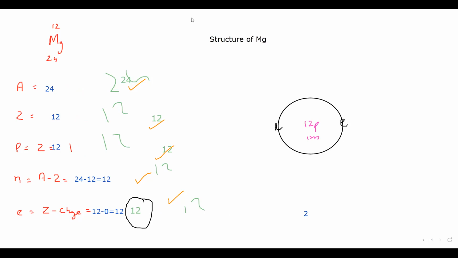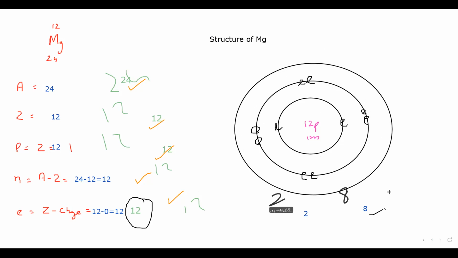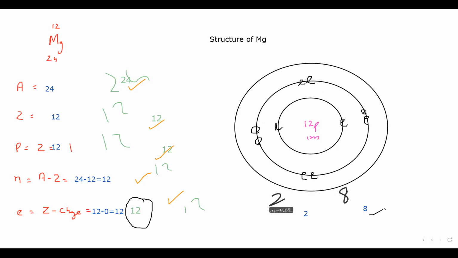So I arrange 2. The second shell can have maximum 8, and I can arrange all of them. Now in total I have arranged 2 plus 8, 10 electrons. So I still have to arrange the third shell. The third shell can have maximum 8 or 18, but I'm only left with 2. So I will arrange 2 electrons. So this is the structure of magnesium.